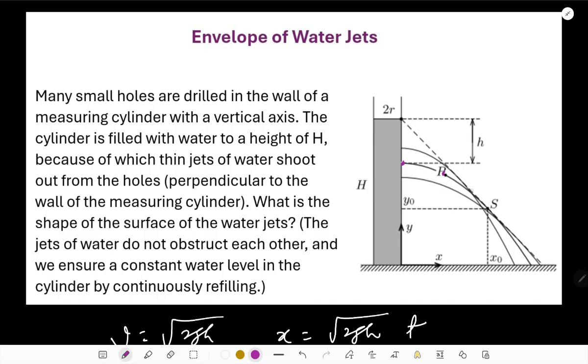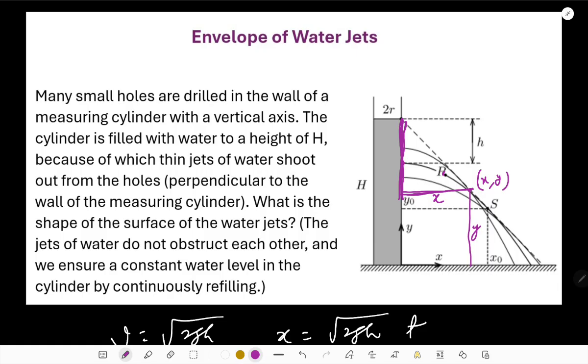If I take this point here and write its coordinates as x, y, then this length is x, and this length, not this length, I'm sorry, this length is h minus y. If I call this y and call this x, then this length is h minus y and this length is x.